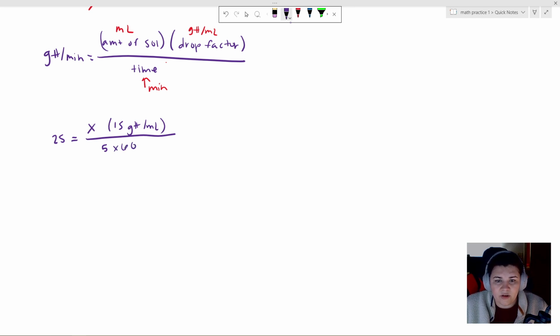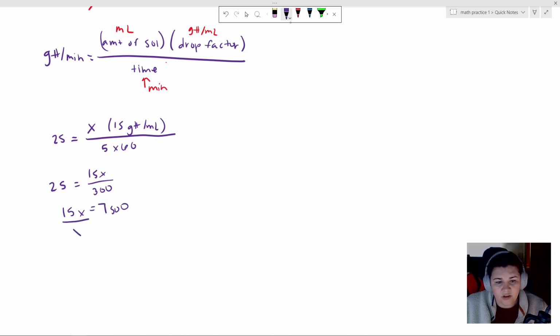So when you work this out, it ends up being 25 is equal to 15x over 300. So then you can cross multiply and you end up with 15x is equal to 7,500.